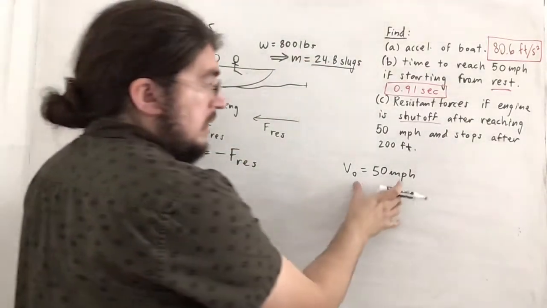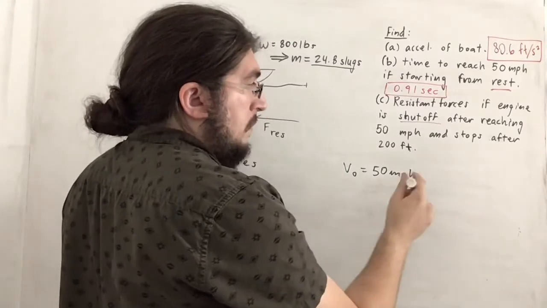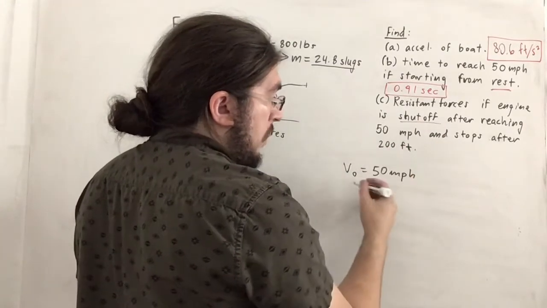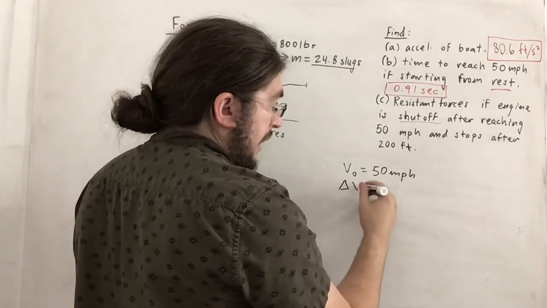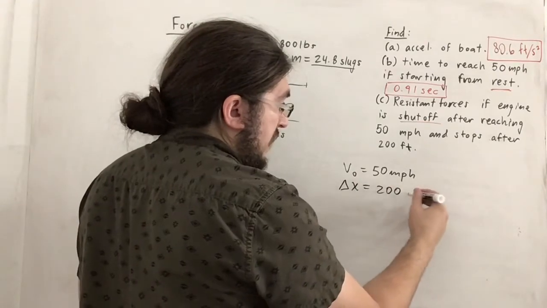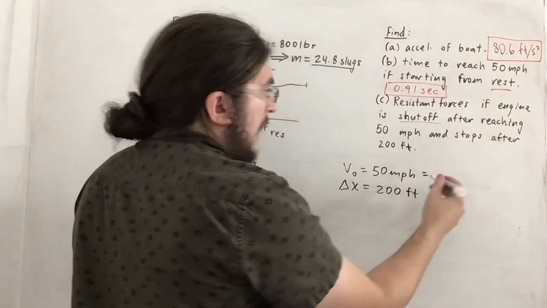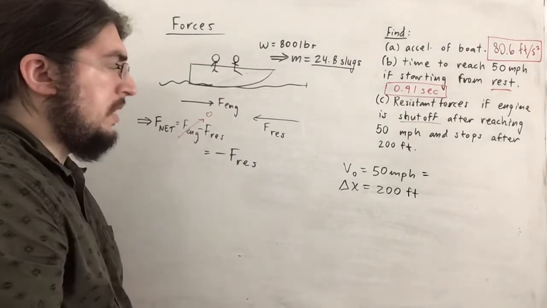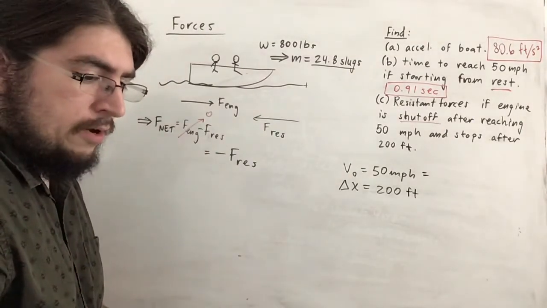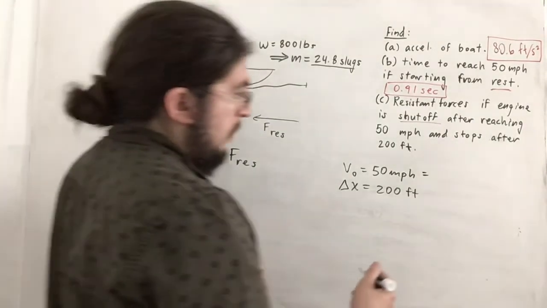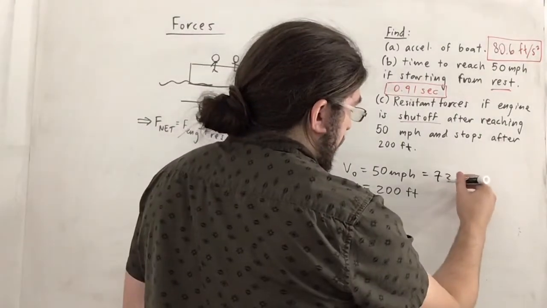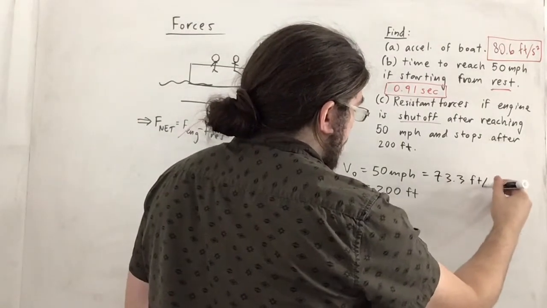So our initial velocity is 50 miles per hour. It comes to a stop after 200 feet, so its distance, delta x, is going to be 200 feet. We actually converted 50 miles per hour into feet per second earlier, and that was 73.3 feet per second.